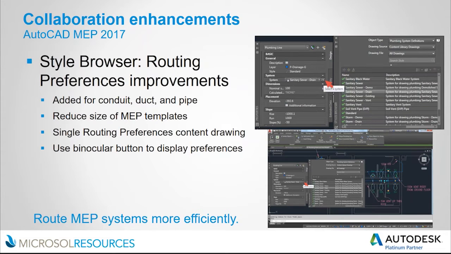They're all held outside of the file so that they're easy to work with. We have that single reference, held in a single routing preferences content drawing that's referenced in with the MEP elements. So all of that stuff is held outside of the live, current drawing. And then you can also use the binoculars button to display those preferences.